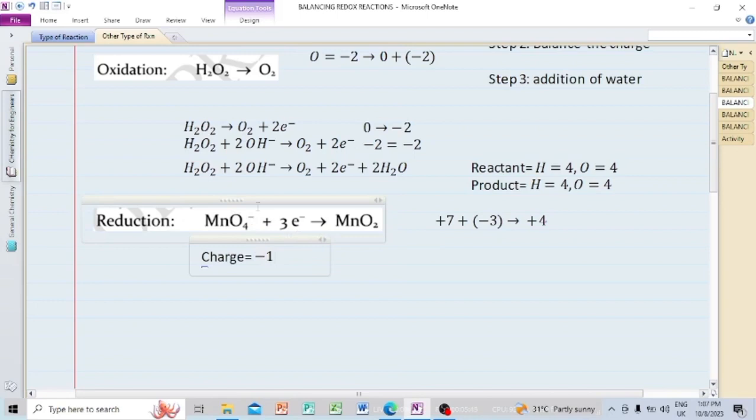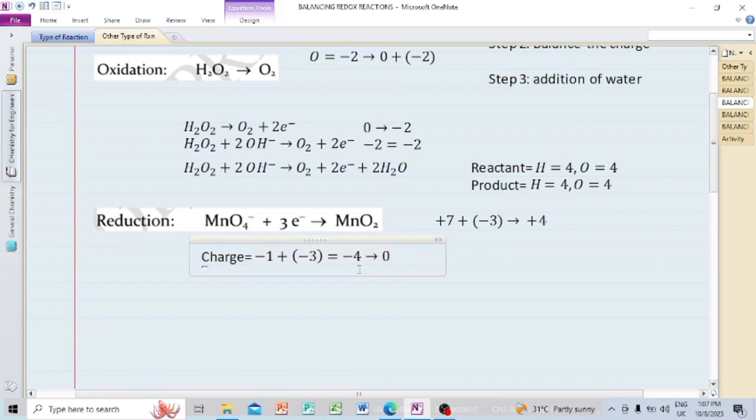So, negative 1 plus 3 electron plus negative 3, it's negative 4. While on the product side, makikita natin dito na wala siyang charge. So, the charge is 0. From -4 to 0, so we need to balance the charge.